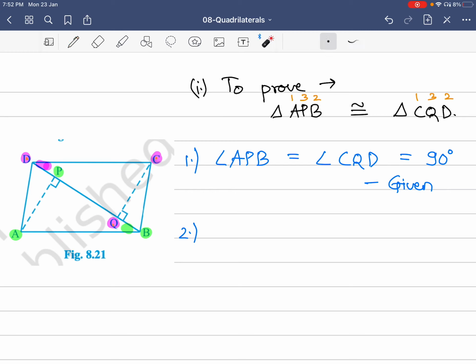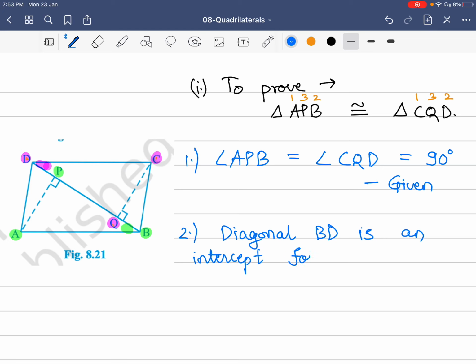Okay, so let's write that. Yes, so what I'm going to write is: diagonal BD is an intercept for two parallel lines, and which are those two parallel lines? CD and BA.